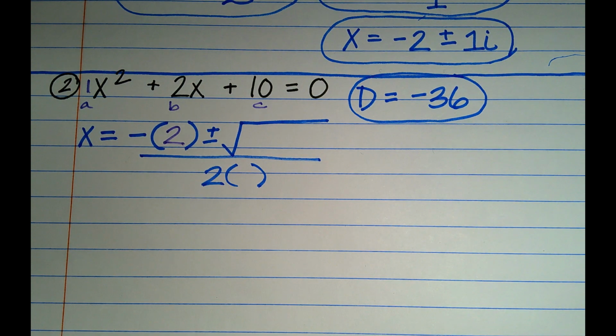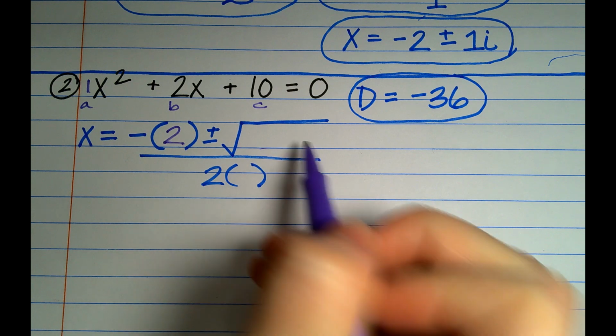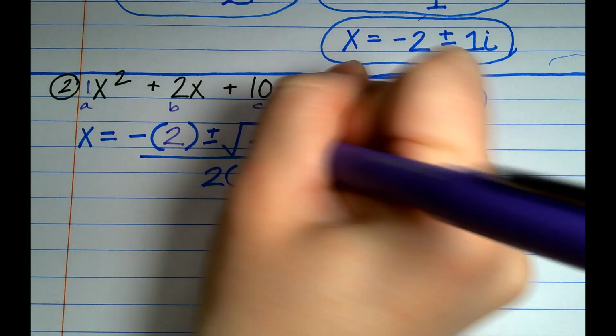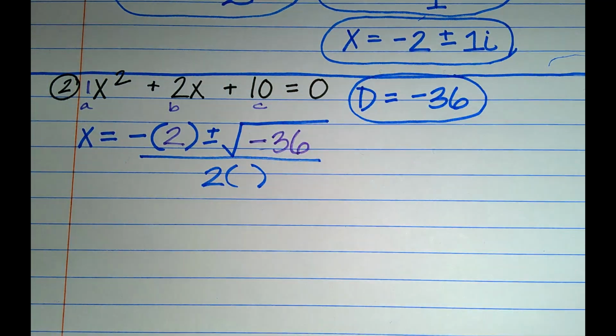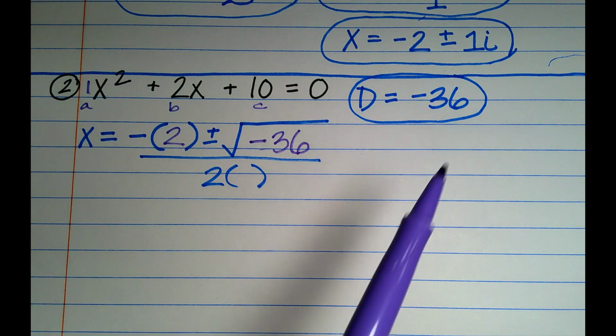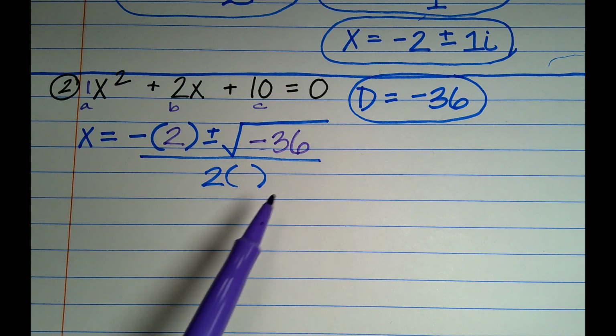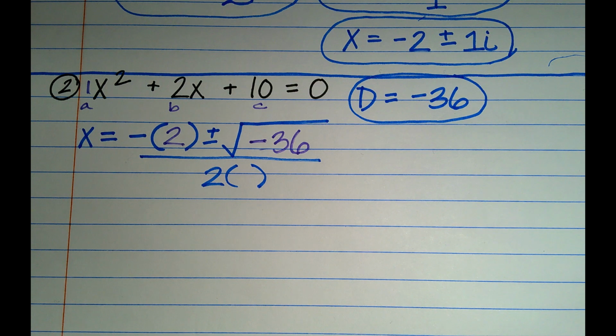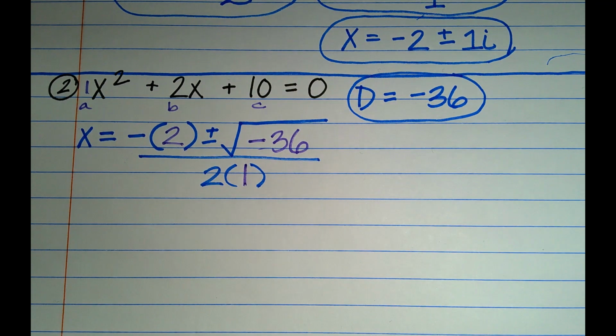Plus or minus the square root of what goes here? Negative 36. Perfect. All over 2 times what? 1. Perfect. So we have x equals negative 2 plus or minus the square root of negative 36, all of that divided by 2.